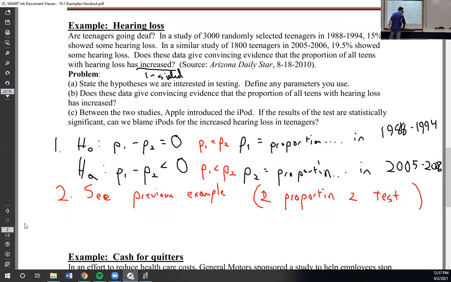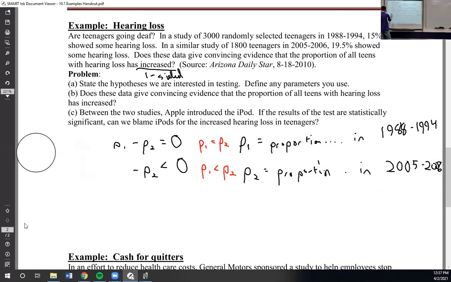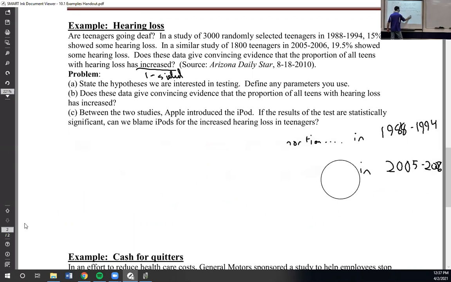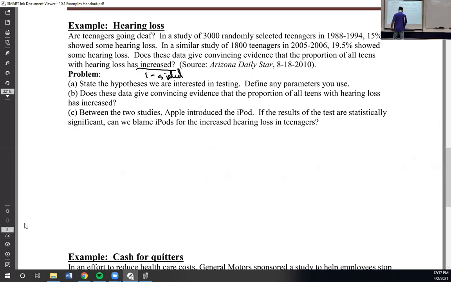Step 3, I will show. Step 3, we're getting a z-score. Value minus mean over standard deviation. Our value here would be p hat 1 minus p hat 2, minus our null hypothesis value.